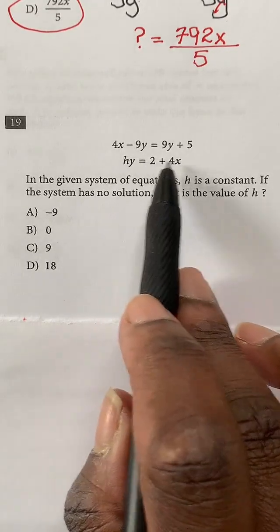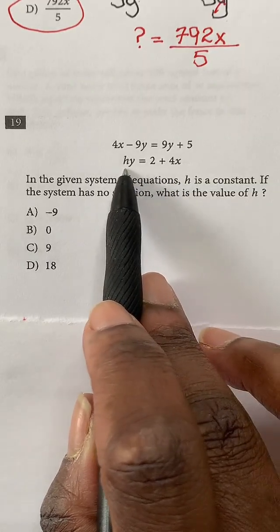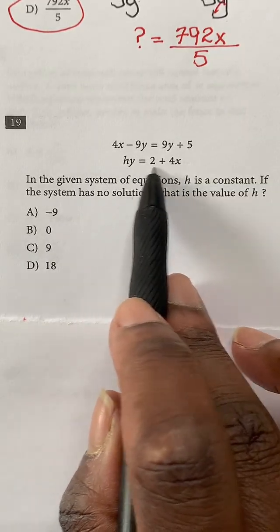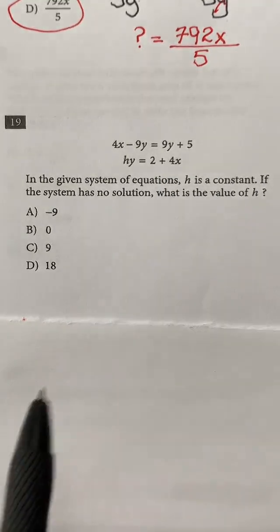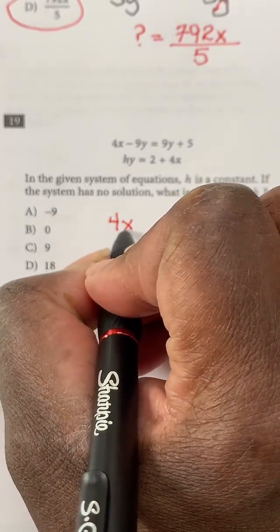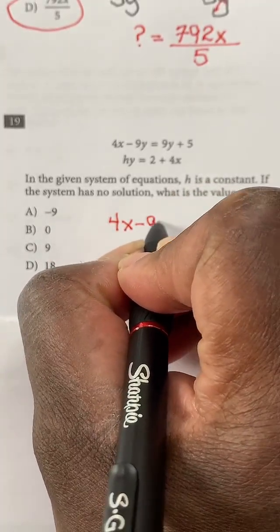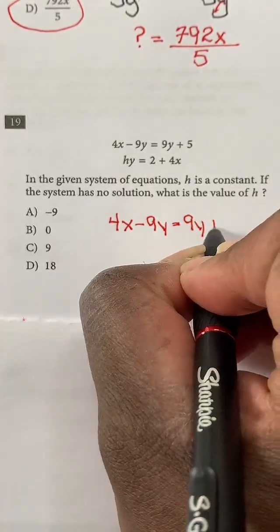If I may, I can put this in slope-intercept form, a little rearranged, but basically slope-intercept form. So if I wanted to, I can take that first equation. So that 4x minus 9y equals 9y plus 5.